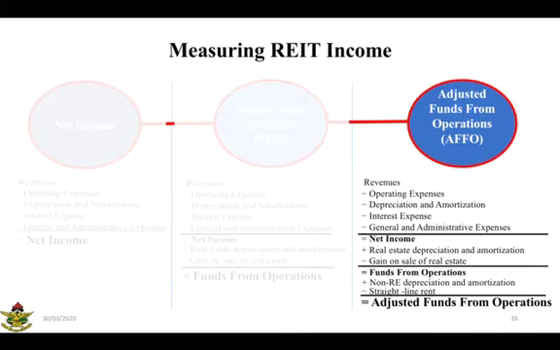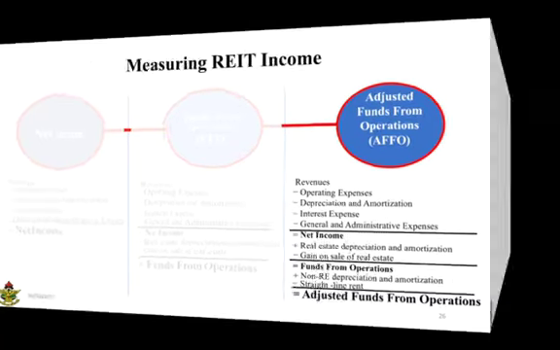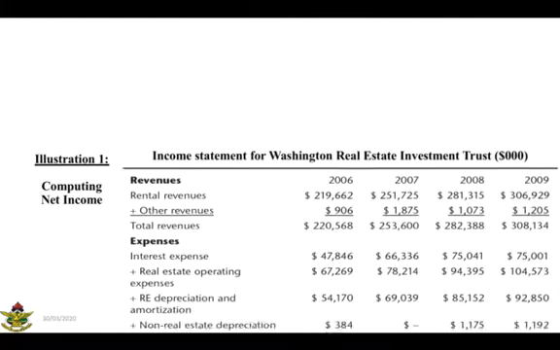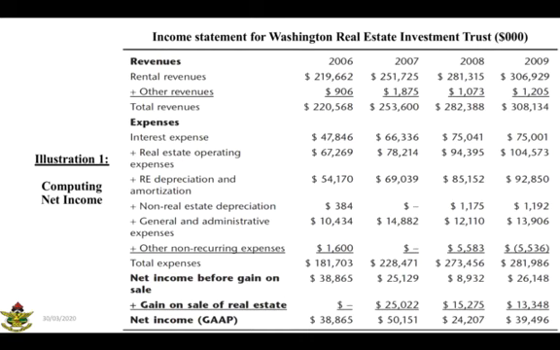Let's have a look at an example. I will start the example with a table. This table presents an excerpt from the income statement of Washington REIT in 2006 through to 2009.